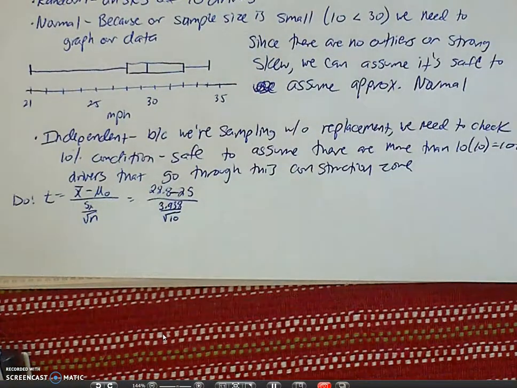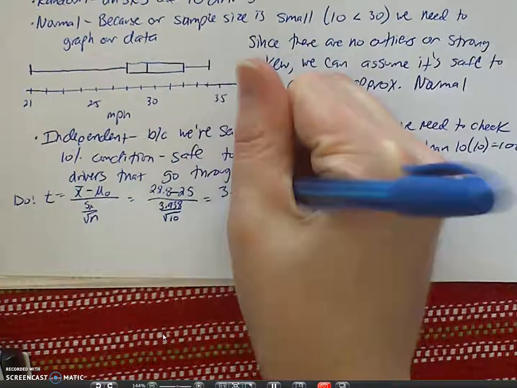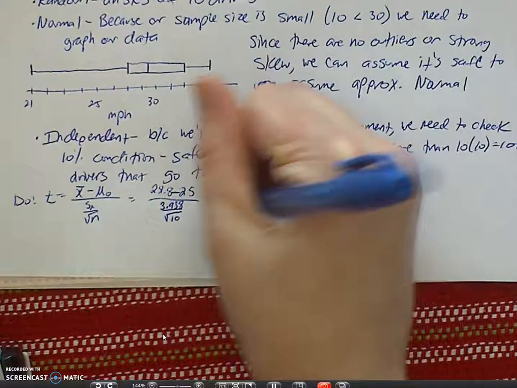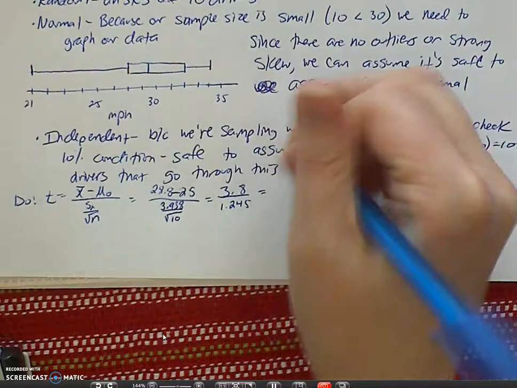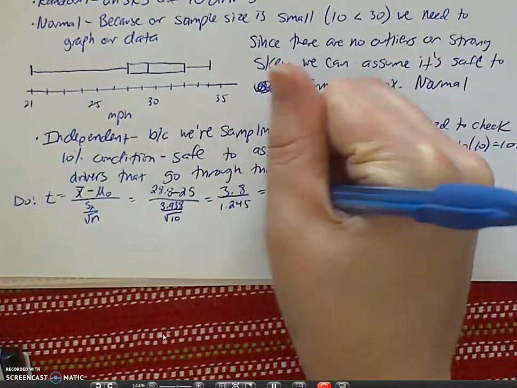So 28.8 minus 25, the numerator is going to be 3.8. 3.938 divided by the square root of 10 is 1.245. 3.8 divided by that gives me a t of 3.051, more or less.